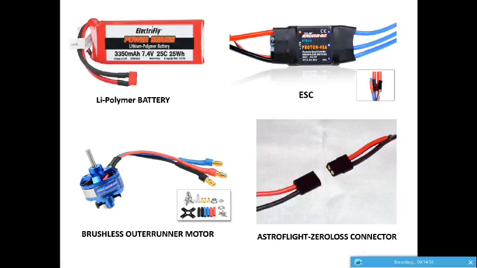Since it's an outer runner motor, it provides much more torque compared to a motor wherein only the shaft rotates. Also, the brushless feature of this motor helps it avoid some of the contact problems at very high speeds, such as sparks coming out of the motor.